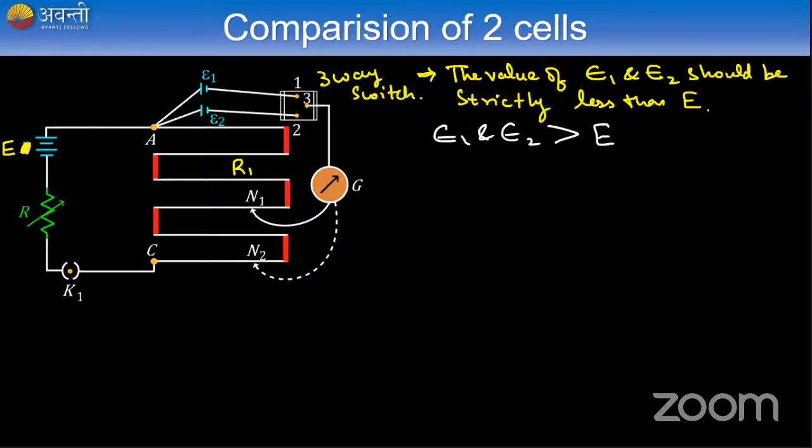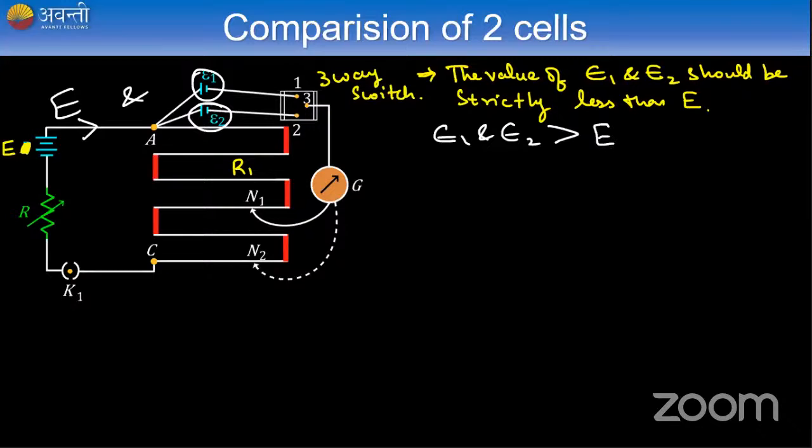Suppose epsilon 1 and epsilon 2 are greater than E? Just imagine. Observe the circuit, guys. If epsilon 1 and epsilon 2 are less than E, then current will flow from the capital E, the main battery EMF, the external EMF connected here, and the difference in these EMFs. The difference between E and epsilon 1, epsilon 2 is compared in this potentiometer setup.